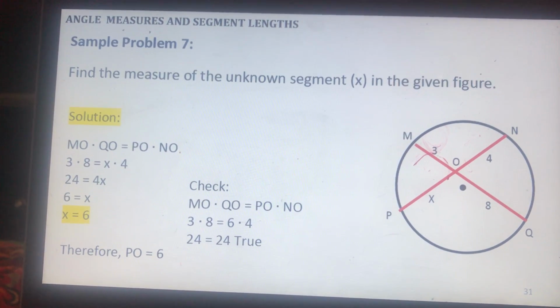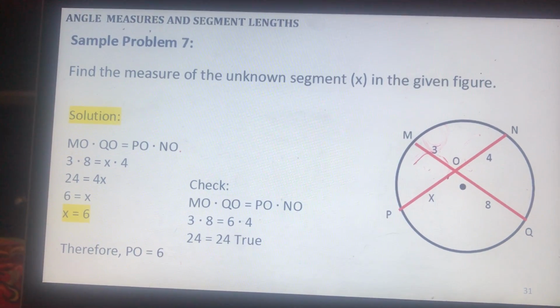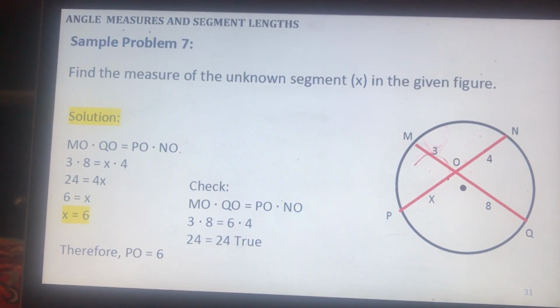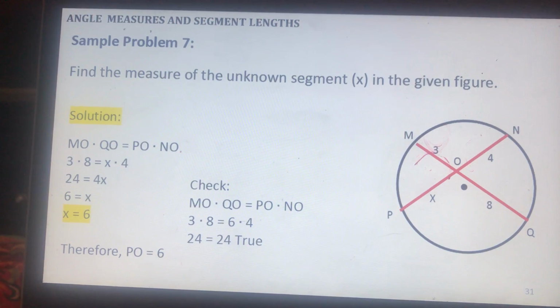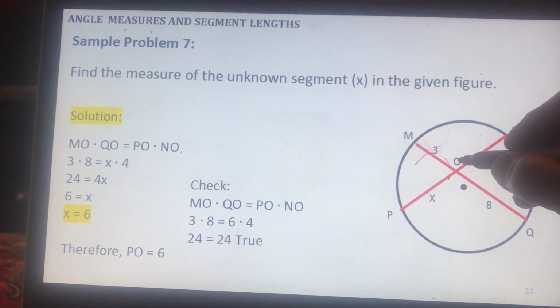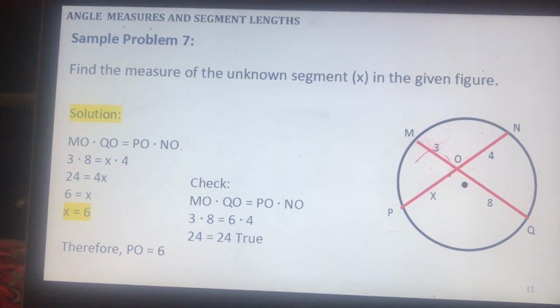Now let's finish it off with example number 7. We need to find the measure of the unknown segment x in the given figure. First of all, we have our circle, and we have two chords which intersect at point O, which is in the interior of the circle.